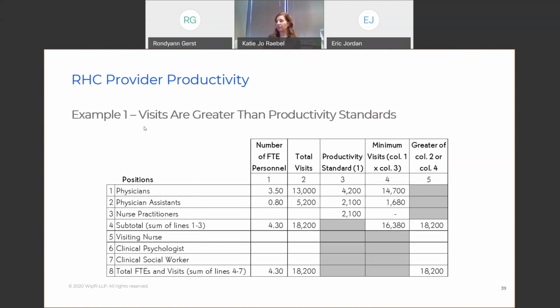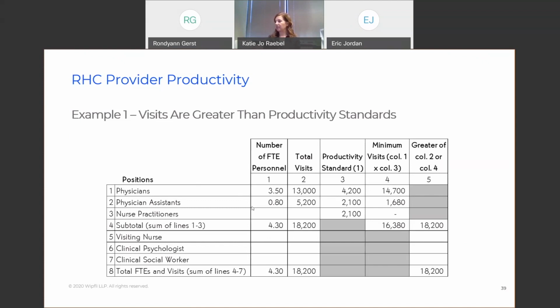So in this example, this is like a worksheet straight from the Medicare cost report. We've got physician FTEs times our productivity standard visits equals our minimum visits. And we do that for each type of provider that we have in the rural health clinic. So this is looked at in aggregate.